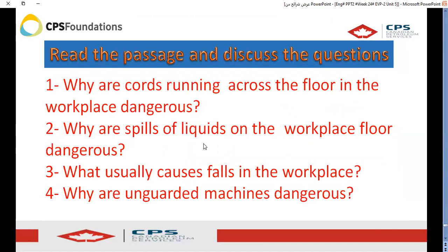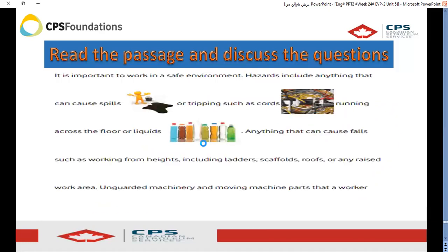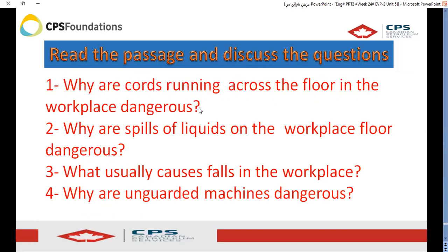Let's answer these questions. Why are cords running across the floor in a workplace dangerous? As you learned from this reading passage, a cord running across the floor might cause tripping. Okay, the next question is, why are spills of liquids on the workplace floor dangerous?